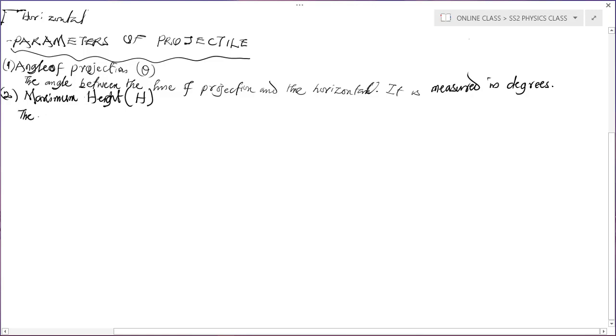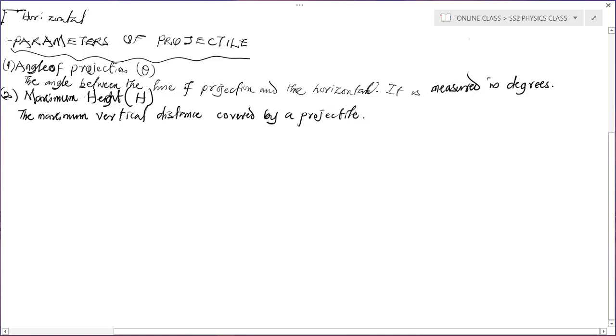The maximum vertical distance covered by a projectile.